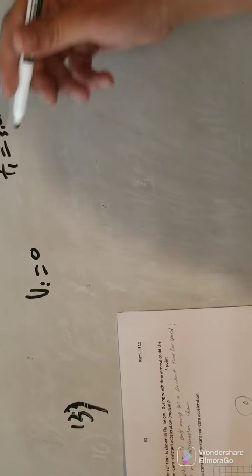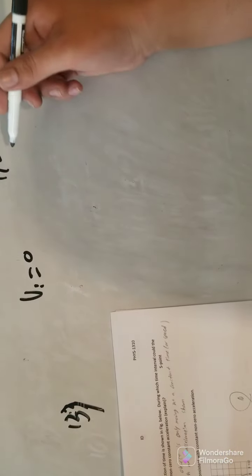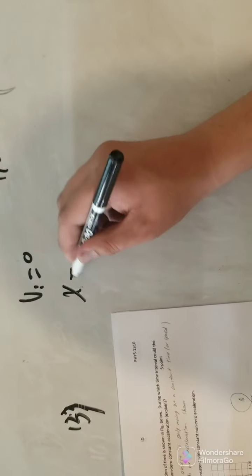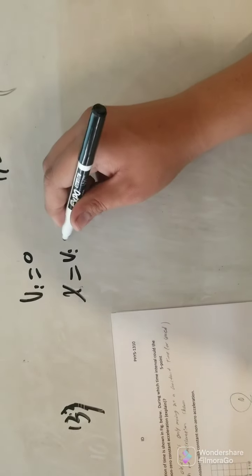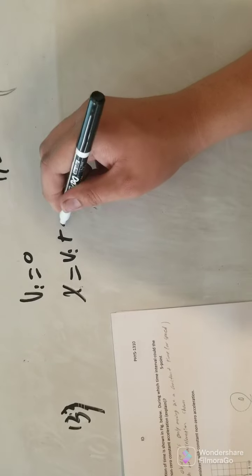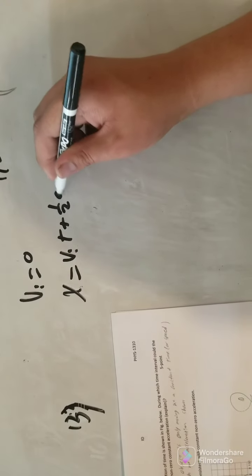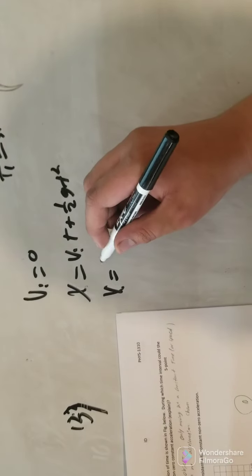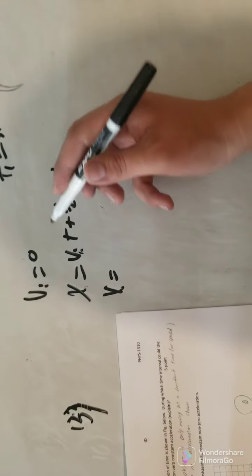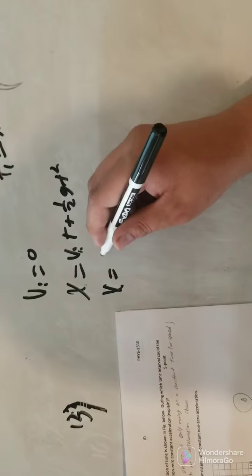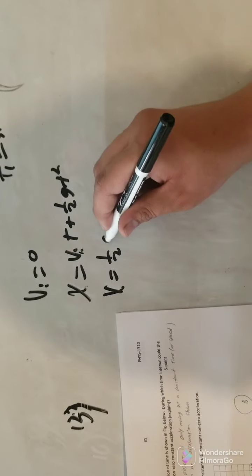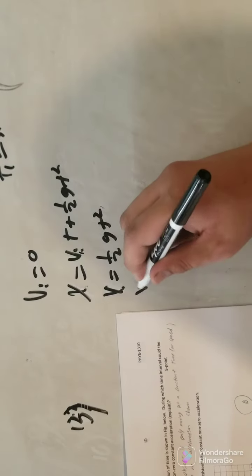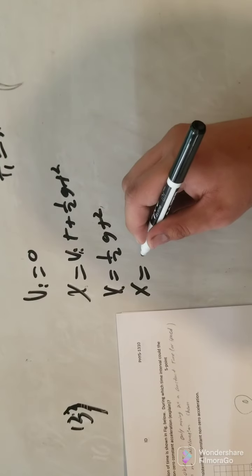We're going to be using gravity for this formula: x is equal to vi times t plus 1/2 times g times t squared. Because vi is 0, it's going to be 1/2 times g times t squared.